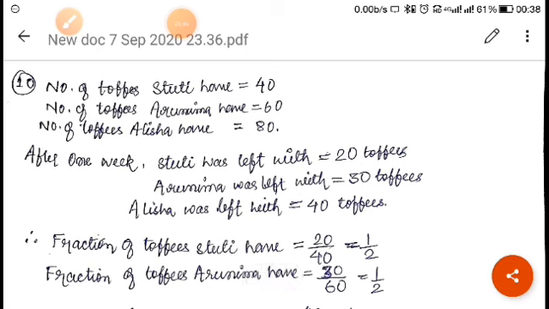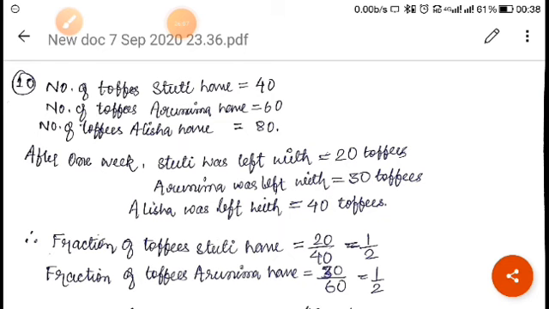Okay, now next is the last question of this exercise. It has been written here, you can see Stuti has 40 toffees, Arunima had 60 toffees, Alicia has 80 toffees. After 1 week, Stuti was left with 20 toffees, Arunima was left with 30 toffees, and Alicia with 40 toffees.